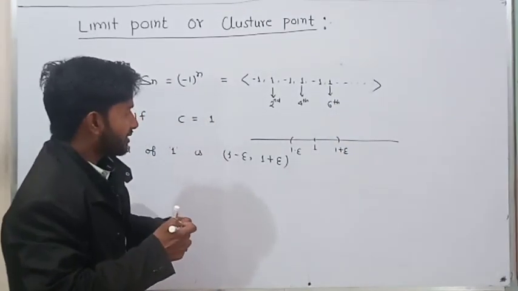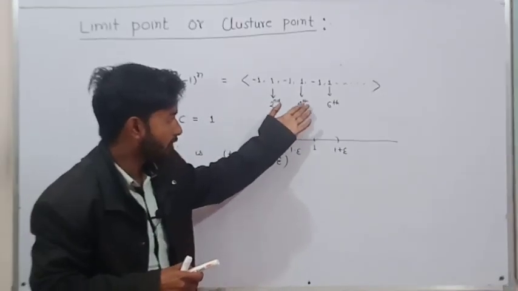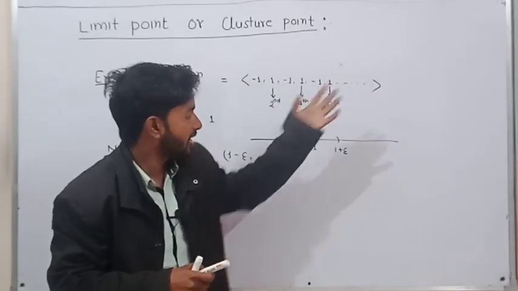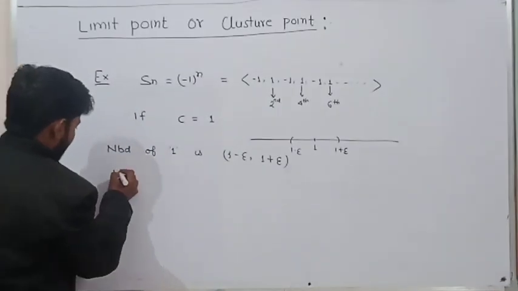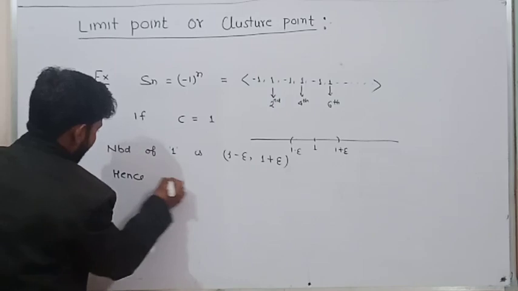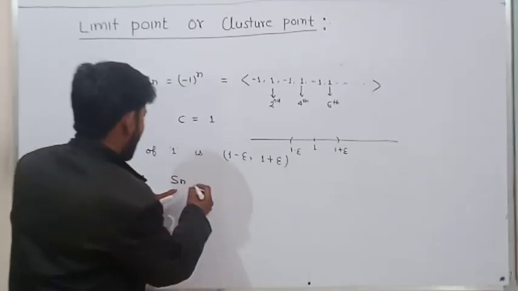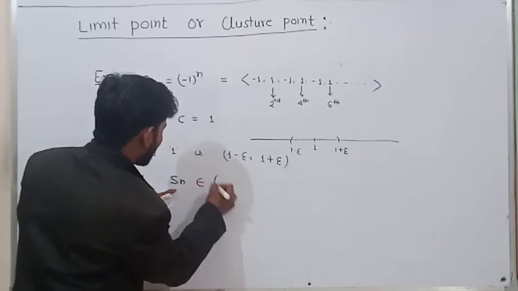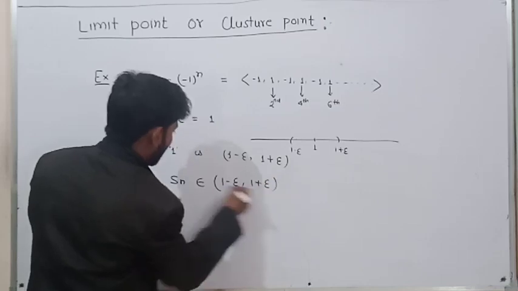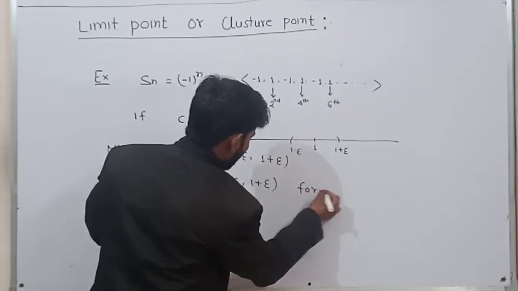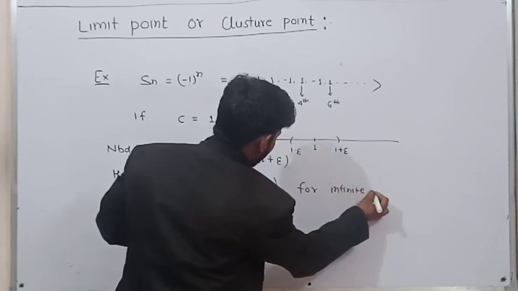So there are infinitely many terms: second, fourth, sixth, eighth, tenth, and so on. Hence Sn belongs to (1 minus epsilon, 1 plus epsilon) for infinite values of n.